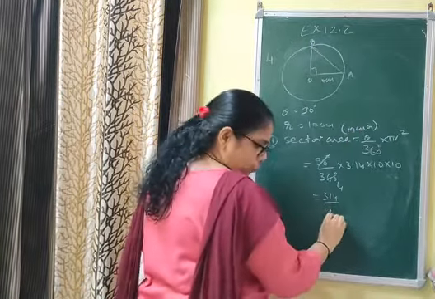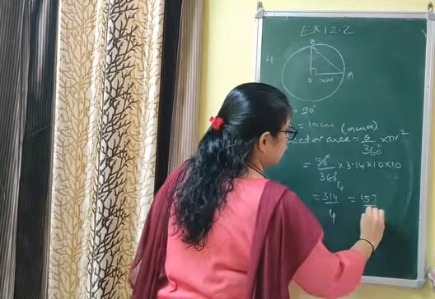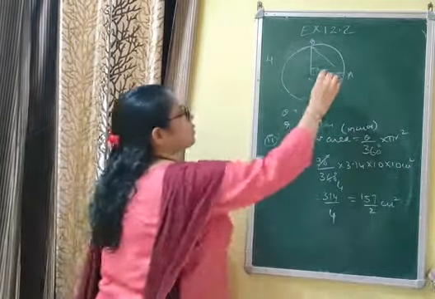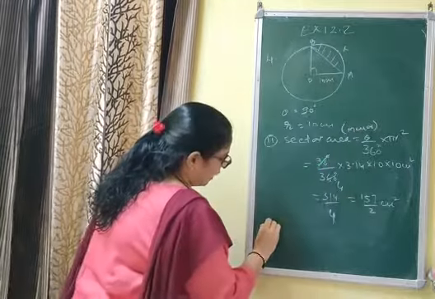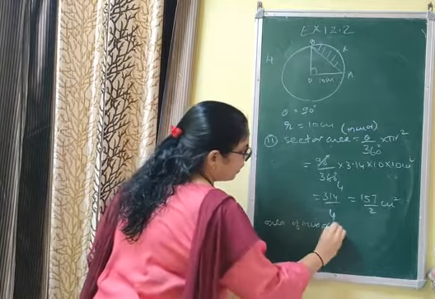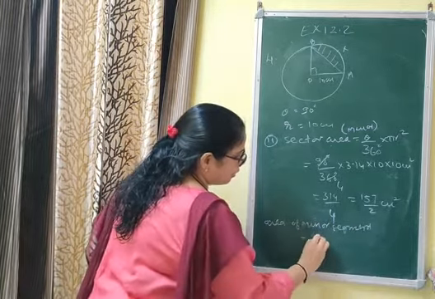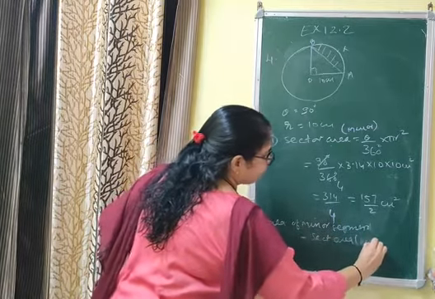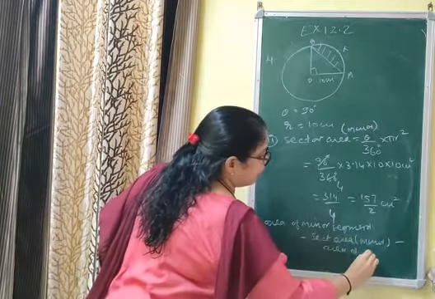That is 314 by 4, that is equal to 157 by 2 centimeter square. Now let us take the naming, let it be x. Now area of minor segment is equal to sector area, minor, minus area of triangle AOB.